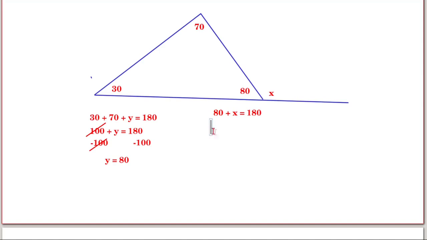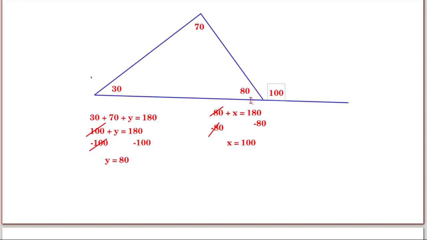Let's subtract 80 on both sides, and this 80 cancels this one. Then I'm only left with x being equal to 180 minus 80. This is 100. So this exterior angle that I've called x is actually 100 degrees.